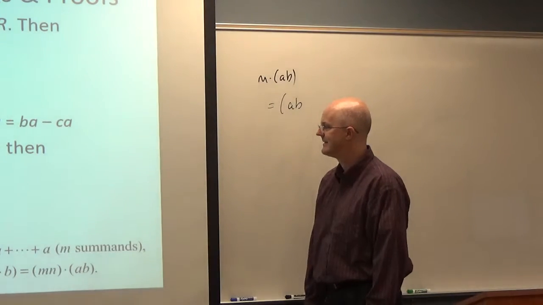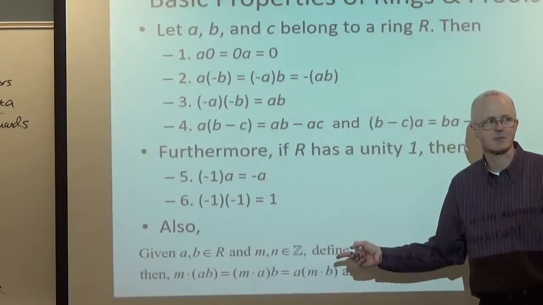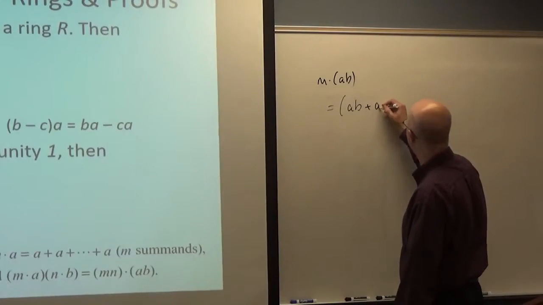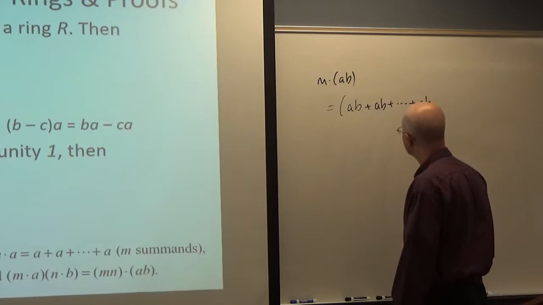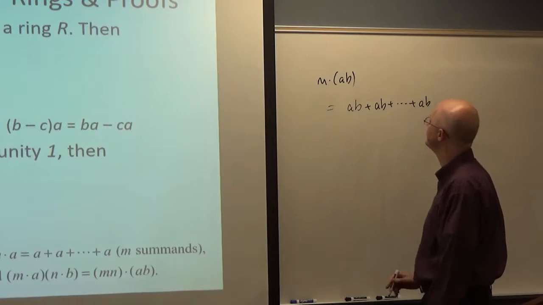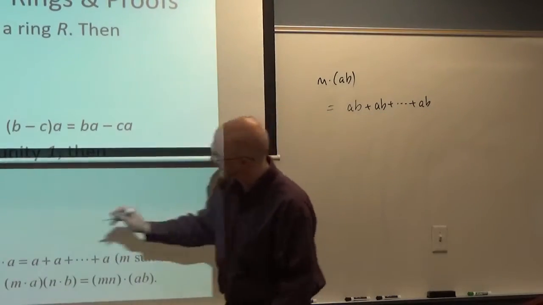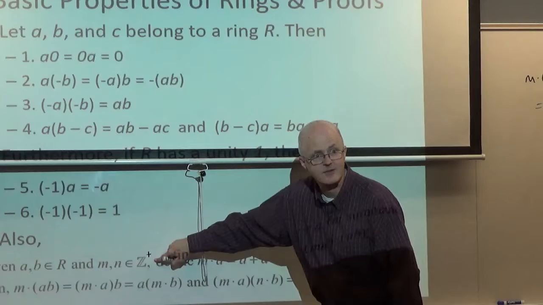Sorry, and n as well. You can make a definition for negative integers as well, but I'm not doing that really. This is ab added to itself m times. Don't need parentheses there. Maybe have a Z plus there to emphasize m and n are positive.